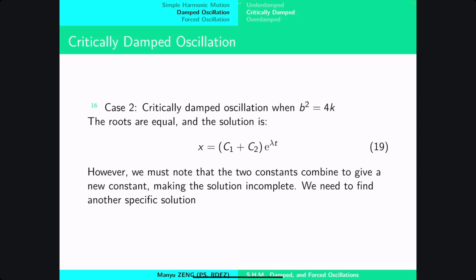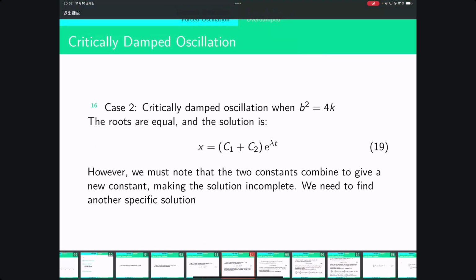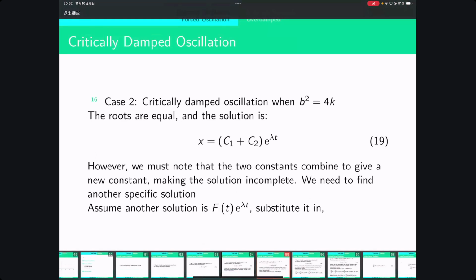So this solution is incomplete. It is not the general solution. It is one solution, but it is not general enough to cover all the solutions. So we need to find another specific solution and add them up. What do we do?